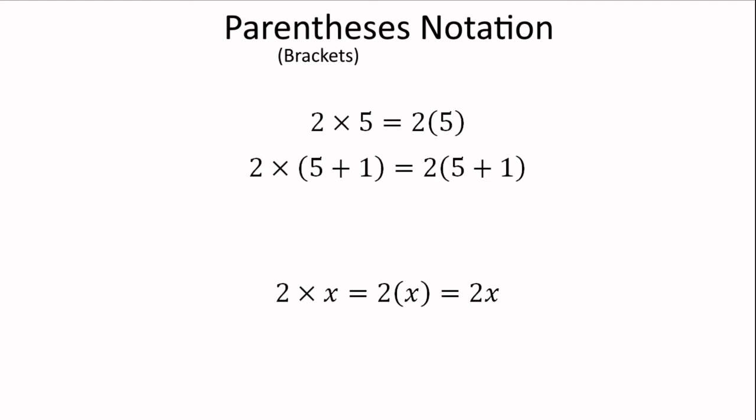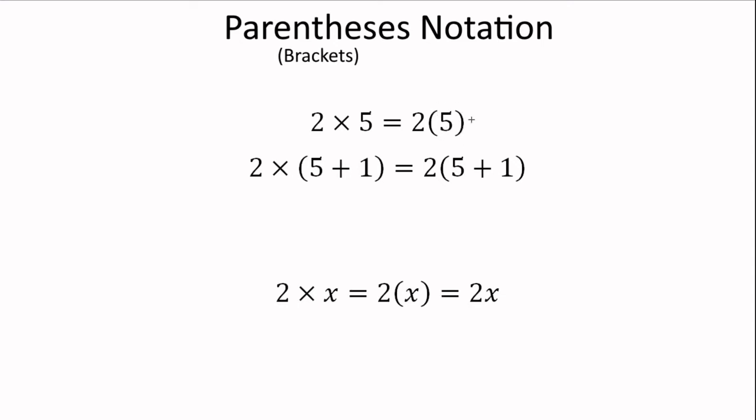We said in the first session that you can write 2 times 5 as 2 and then brackets 5. That basically just means 2 times 5. This is just another way of writing 2 times 5, except now you get rid of the times sign and you put the brackets around the 5, meaning that you're doing 2 multiplied by whatever's in the bracket, which is 5.